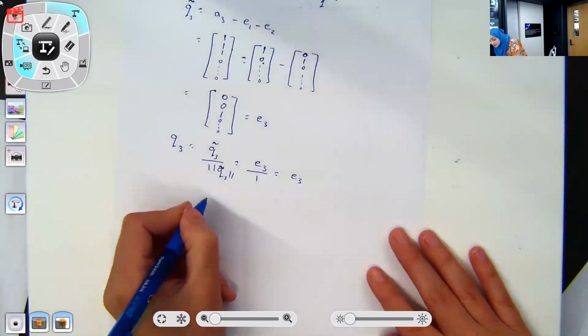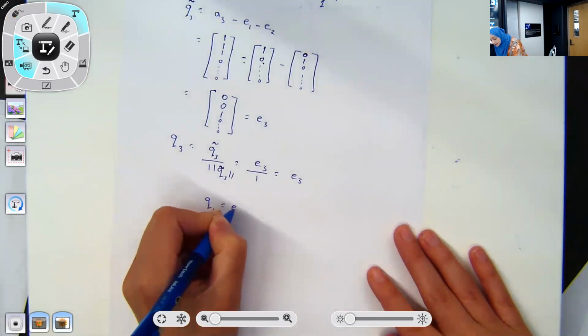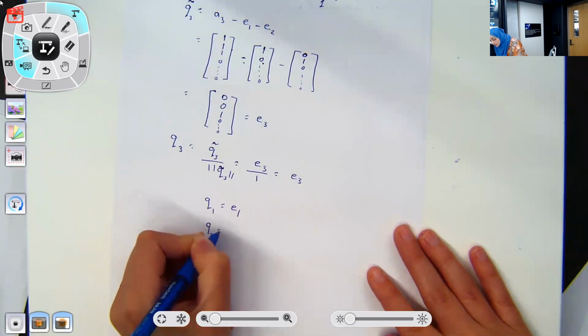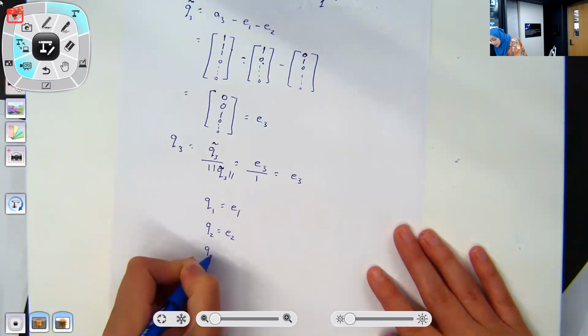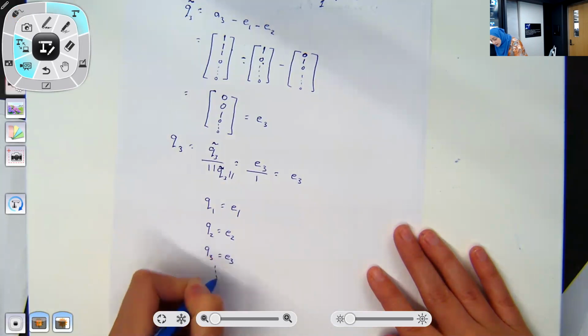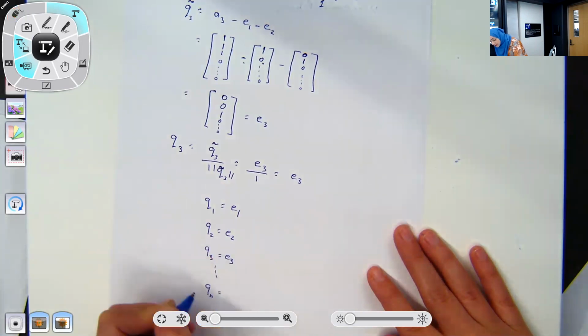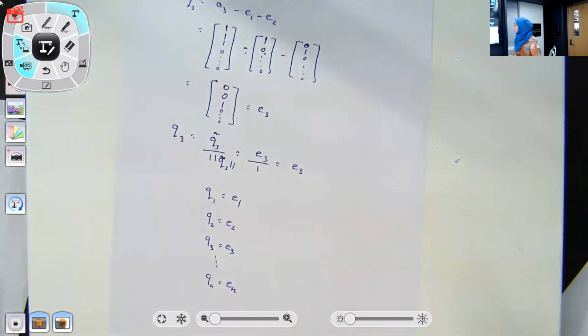We can summarize that Q1 equals E1, Q2 equals E2, Q3 equals E3, and Qn equals En. This is the general formula for Q1, Q2, Q3, up to Qn if you apply Gram-Schmidt by using the Eis. This is the first part of the question.